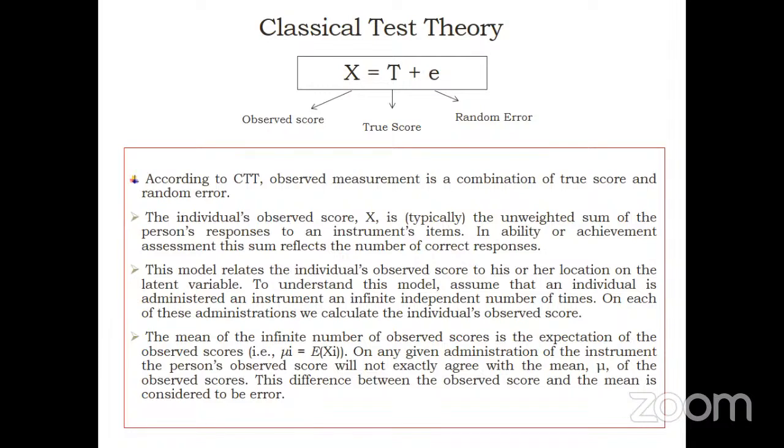At the end of all these administrations, we can calculate the person's observed score on the basis of the average of all these administrations. So you have administered it 1 million times, you get an average score, and that will indicate the person's observed score on that particular scale, right?